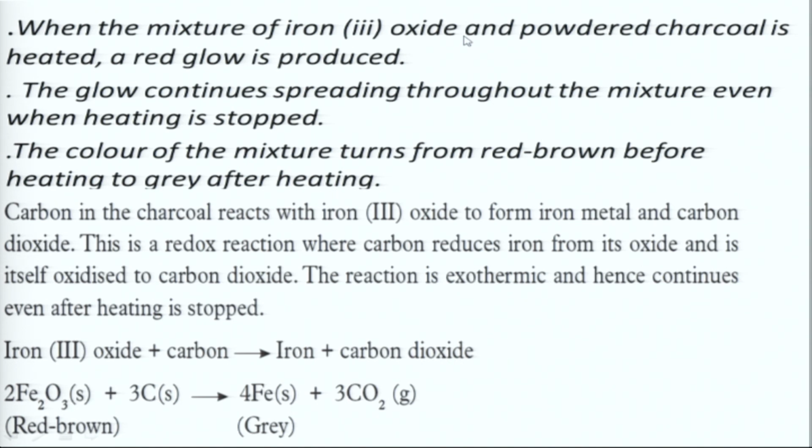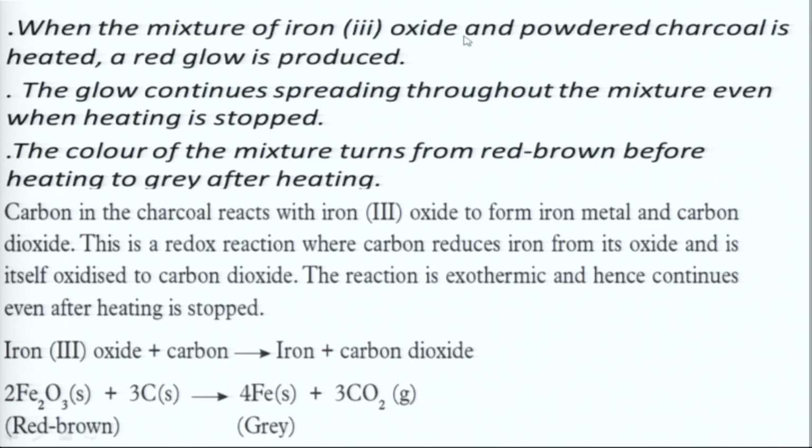When you react iron 3 oxide and powdered charcoal, a red glow is produced. The glow continues spreading throughout the mixture even when heating is stopped. The color of the mixture turns from red-brown before heating to gray after heating.